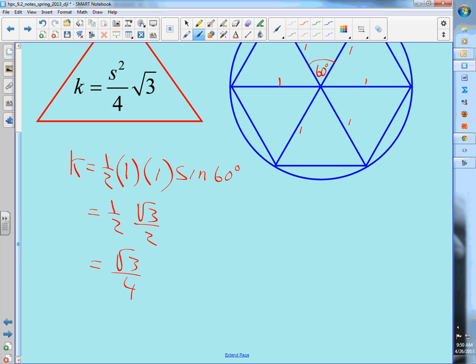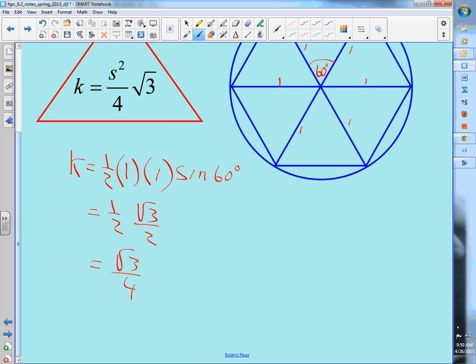If you're using an equilateral triangle, you don't have to go through this process. The area of every equilateral triangle is s squared over 4 times the square root of 3. For any equilateral triangle, s squared over 4 root 3, but it has to be equilateral. So it's just a shortcut. You get the same answer by doing 1/2 times 1 times 1 times sine 60.